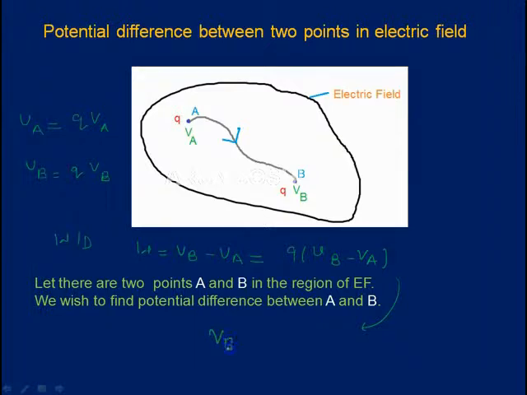You will say VB minus VA is the work done in moving from A to B per unit charge. So always you will say in an electric field the potential difference between 2 points is defined as the work done in shifting a unit positive charge from one point to another point.